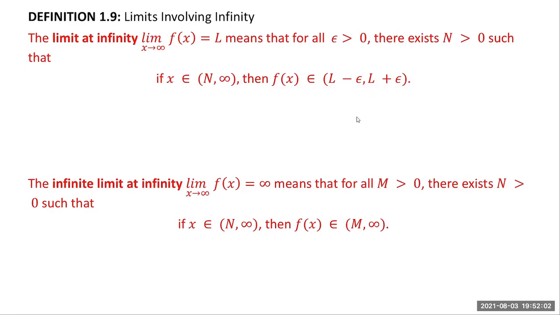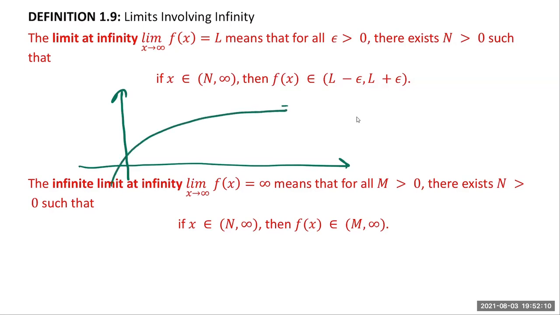Okay. Geometrically, what it means is that, think about a graph like this. Here is the graph of f of x, and here is the value L. Y is equal to f of x.